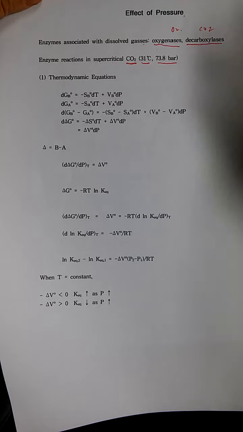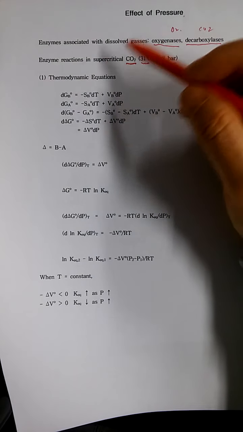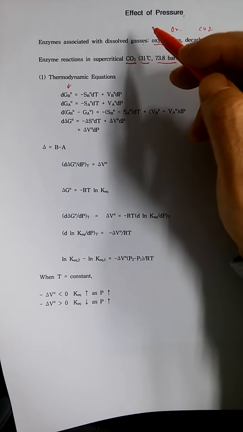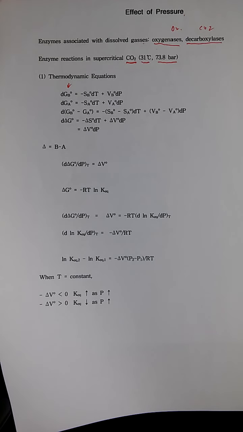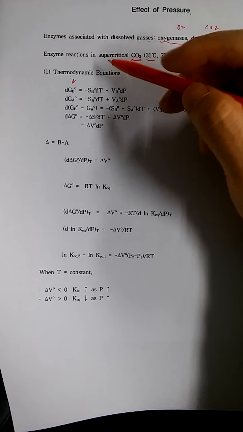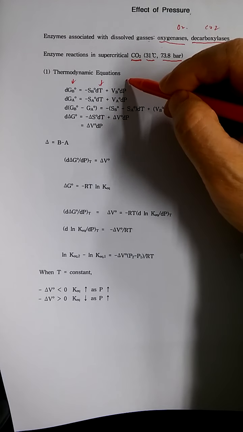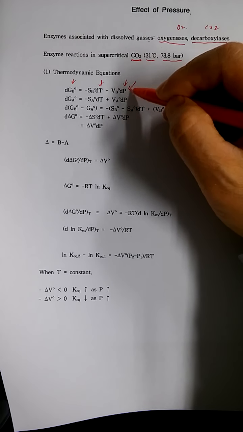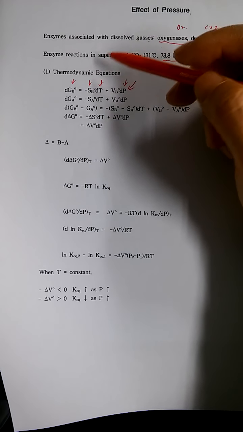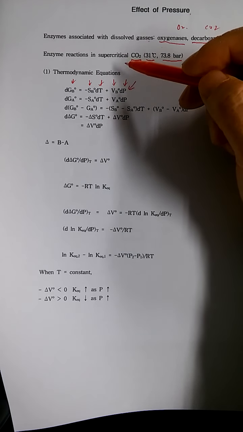First we'll start with Gibbs free energy. Gibbs free energy depends on temperature and pressure according to this equation, where S is the entropy and V is the volume.